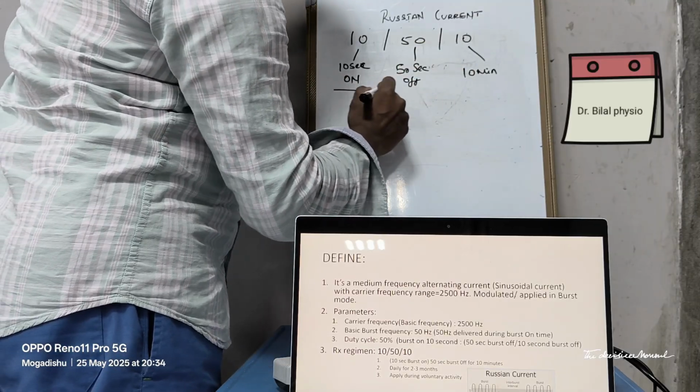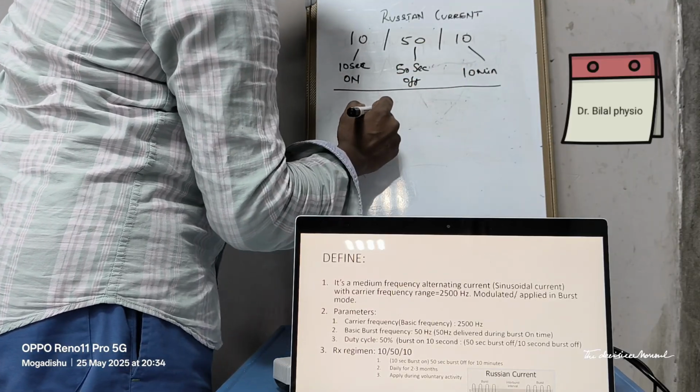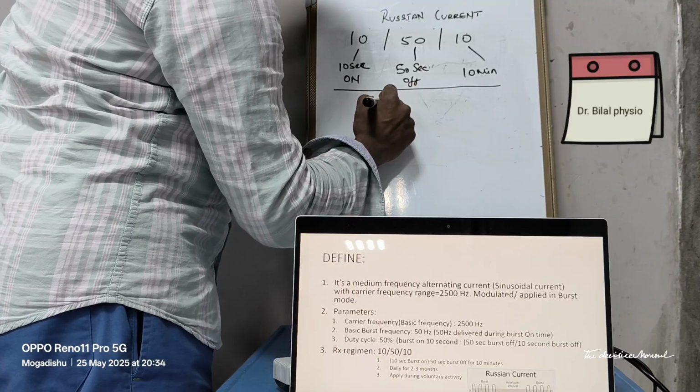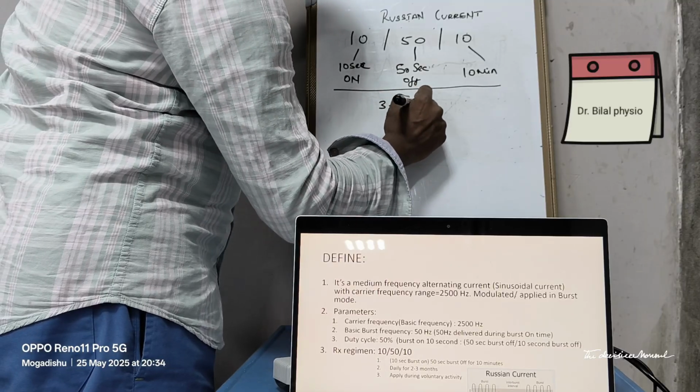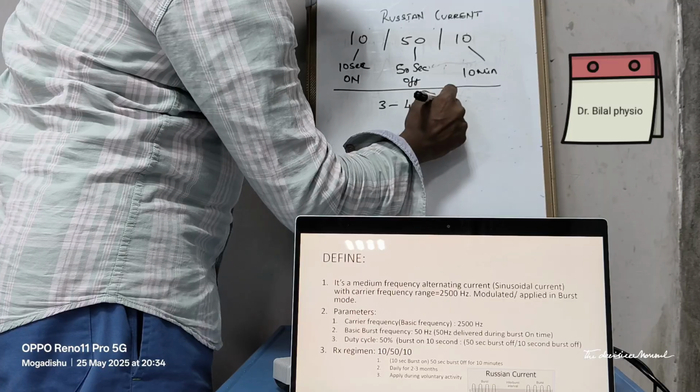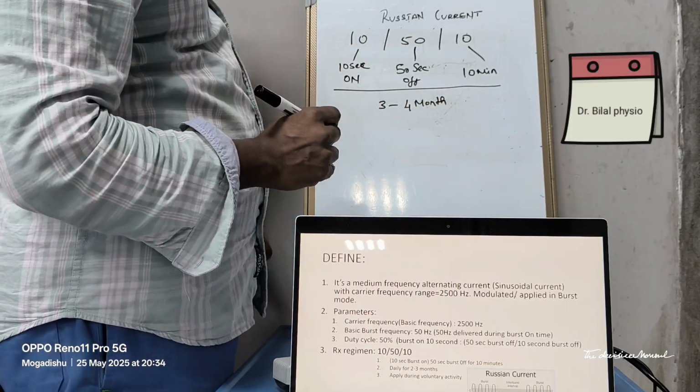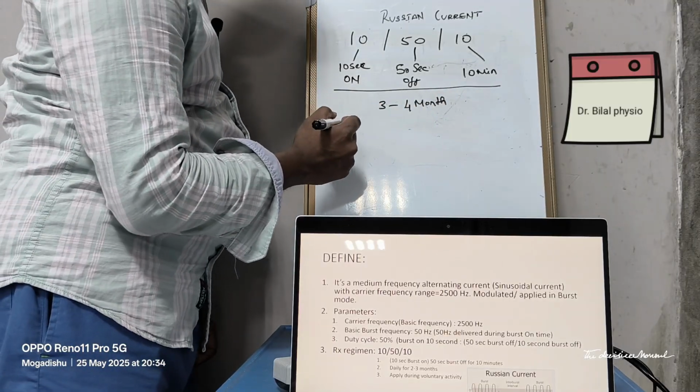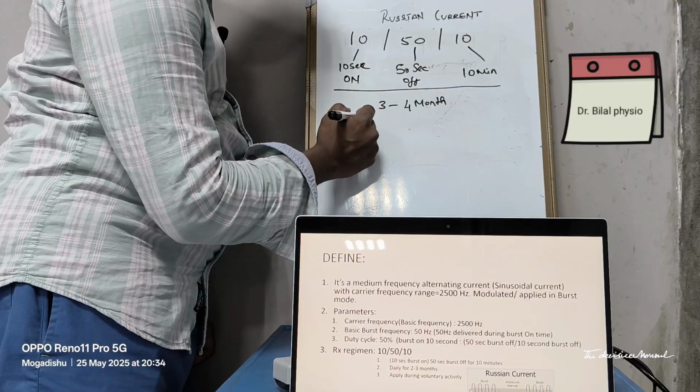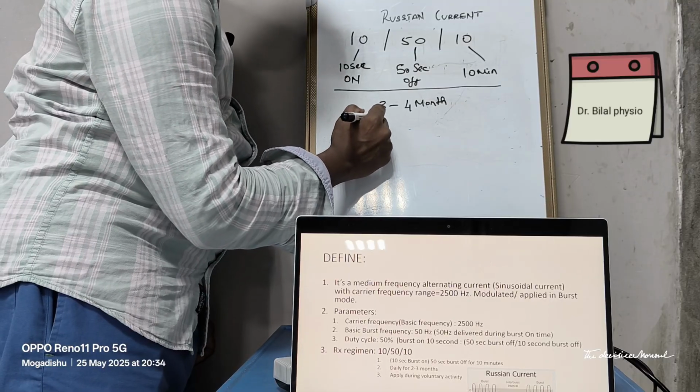This protocol was applied to the patient for a time period of 3 to 4 months. During each day's application, we have to use it along with voluntary muscle action.